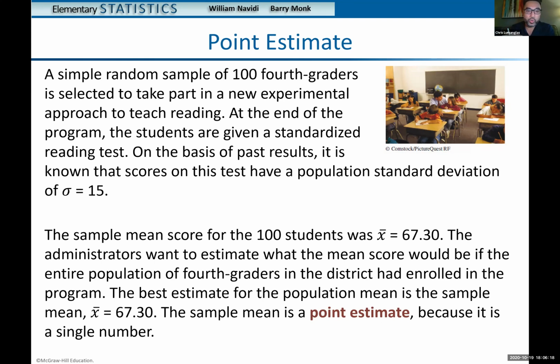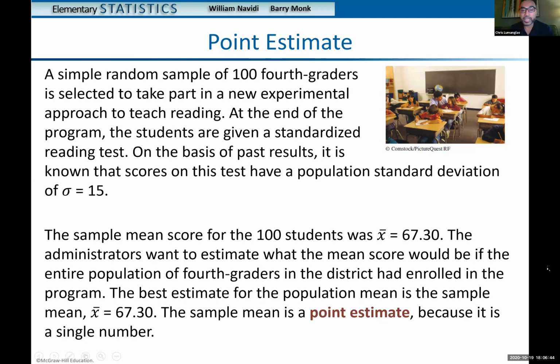The administrators want to estimate what the mean score would be if the entire population of fourth graders in the district had enrolled in the same program. And again, they only use 100 students out of the total population, and they get a sample mean of 67.30. They want to use it for the entire population of fourth graders.